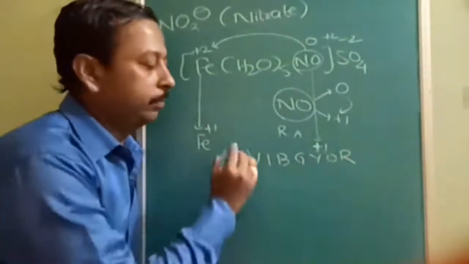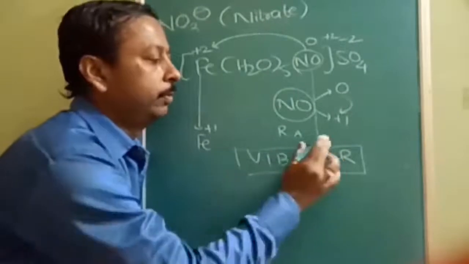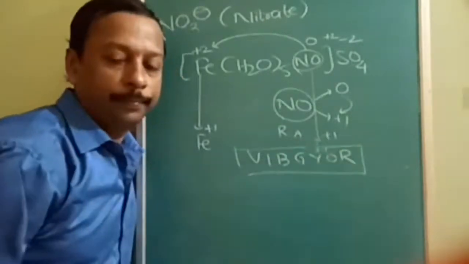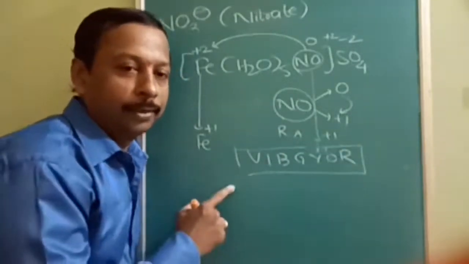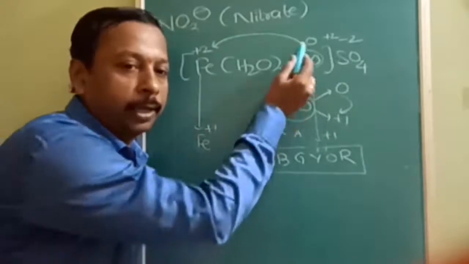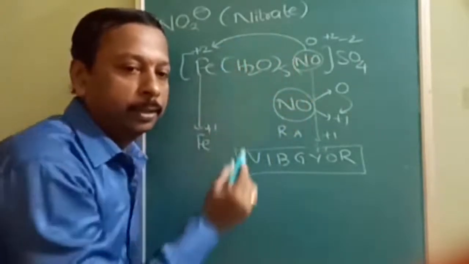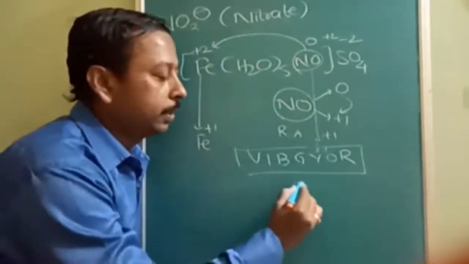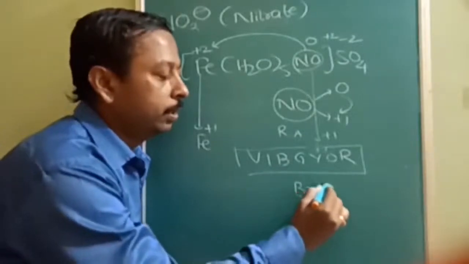Who will tell me? It is white color. When you mix all colors together, we get white color. But this electron transfer requires some energy, so it absorbs all colors except which color? Brown color.